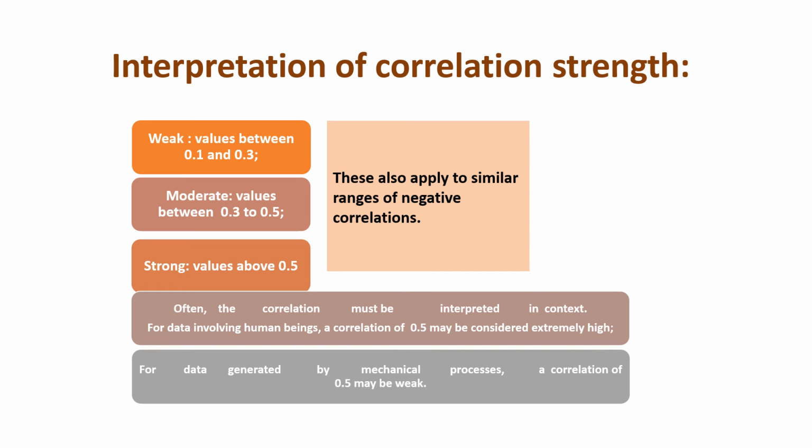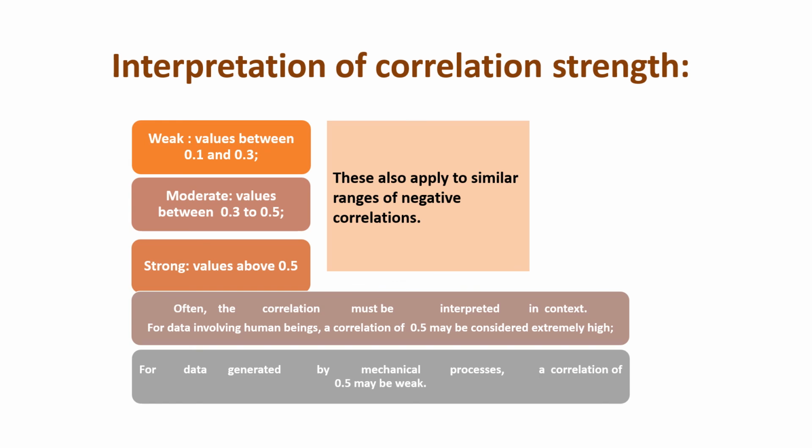Now we can see the interpretation of correlation strength. Correlation strength means how the different variables are associated, whether they have a weak relationship, a strong relationship, or a moderate relationship between them. We can specify this strength by determining the correlation value.